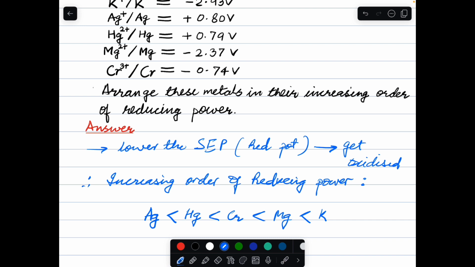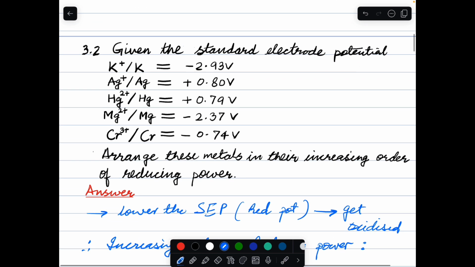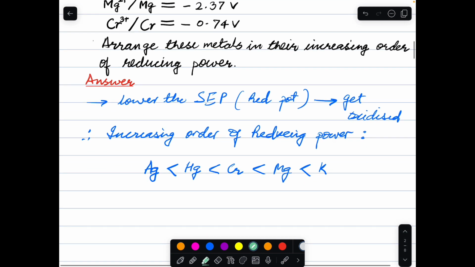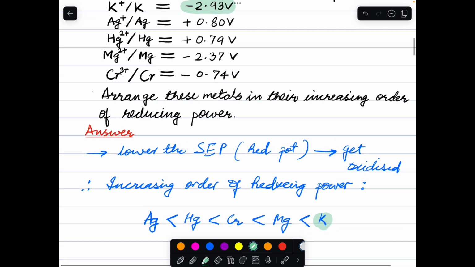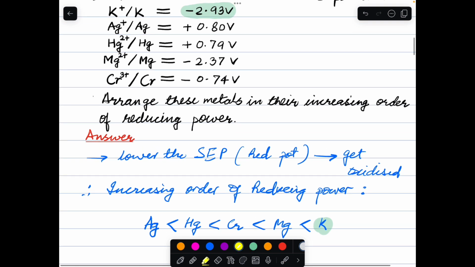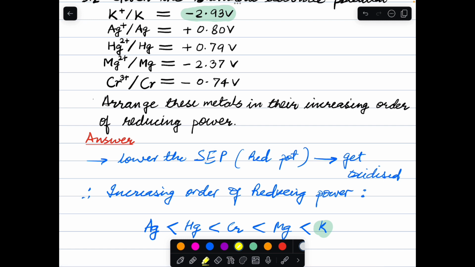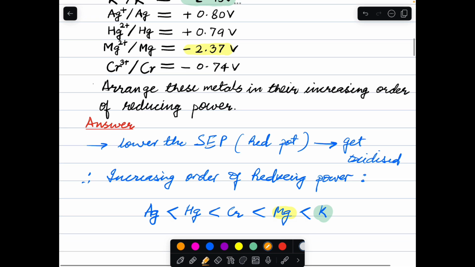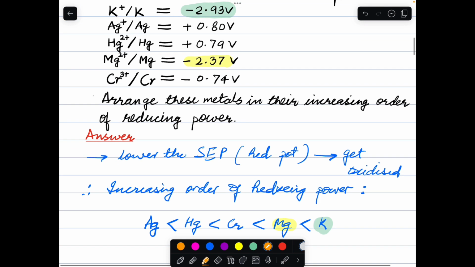They have given the values, and the standard electrode potential value is most negative in the case of potassium. Yes, it is most negative, therefore potassium is here. Then the next, less negative than this, is magnesium. Therefore we have magnesium here. After this, a further lower value which is still negative is for chromium, and therefore we have chromium.